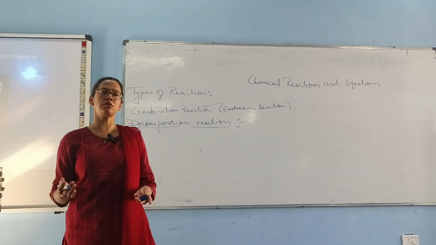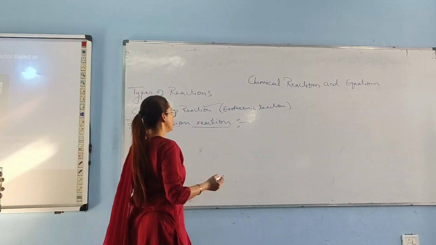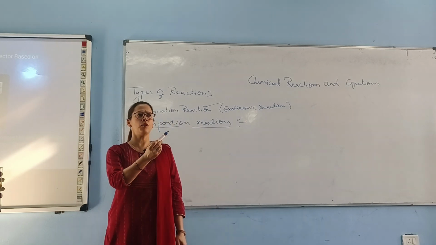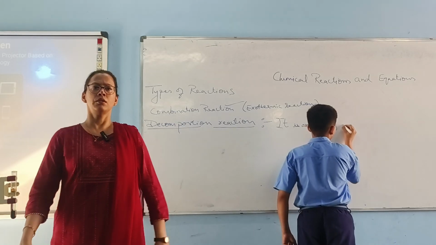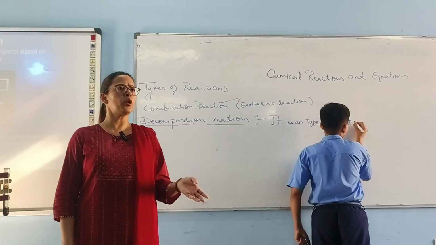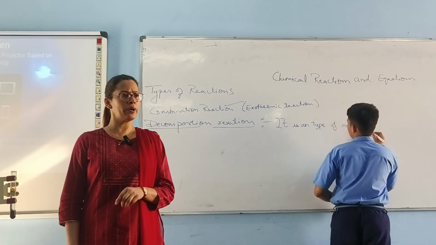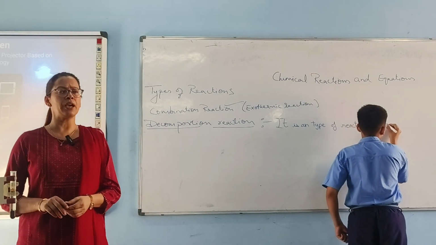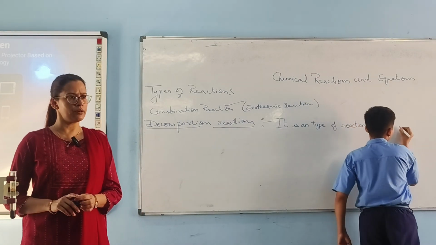Have you all written? Who will come and write for me? Come on fast. A reaction in which a compound gets broken down into its constituents, simpler parts. This type of reaction is called decomposition reaction.